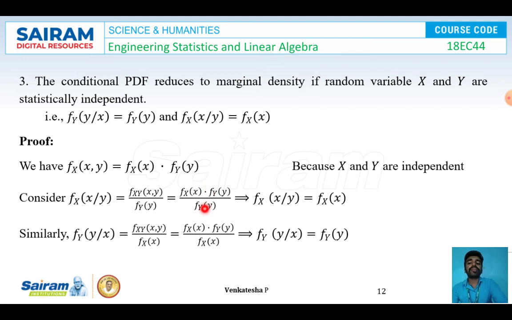So I can cancel f_Y(y) with f_Y(y), and I got f_X(x|y) is equal to f_X(x). Similarly, to calculate f_Y(y|x), I am going to replace f_XY(x,y) as f_X(x) into f_Y(y). Cancelling this with f_X(x), I got f_Y(y|x) is equal to f_Y(y).